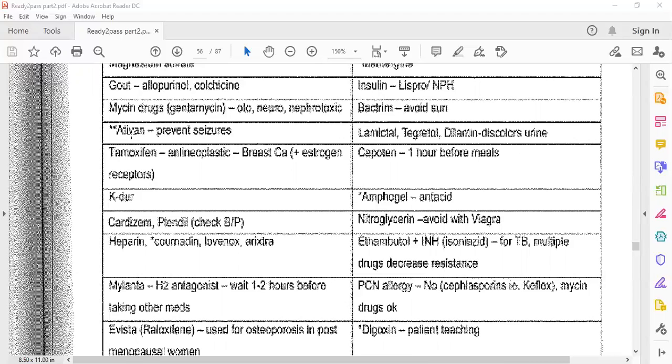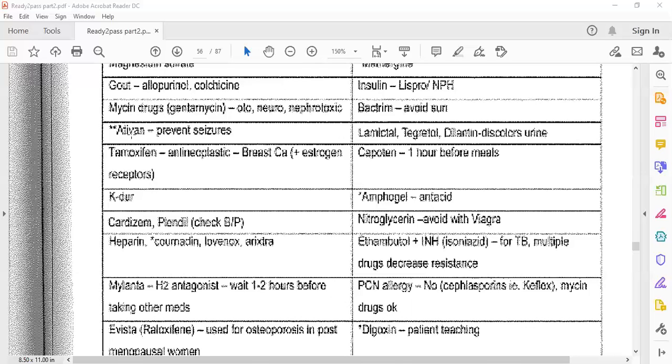So if you have to prescribe this medication, it is good to tell your patient not to take this type of medication before driving a car, right?